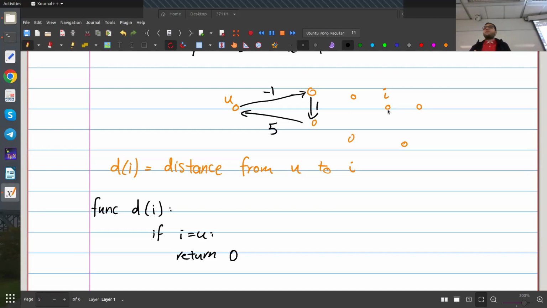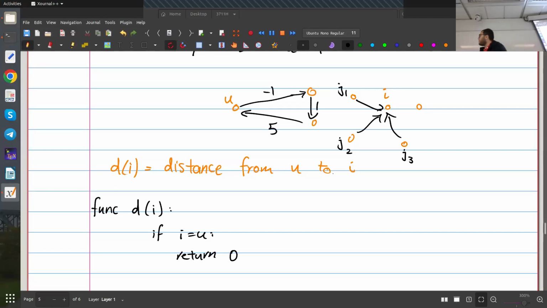I'm going to do a case fork just like before. I'm going to say any path that starts from U and ends at I is going to have some last edge. So let's just do a case fork on the last edge of the path. So let's say I had some edges coming into it from a bunch of different vertices. Maybe call this one J1, J2, J3.